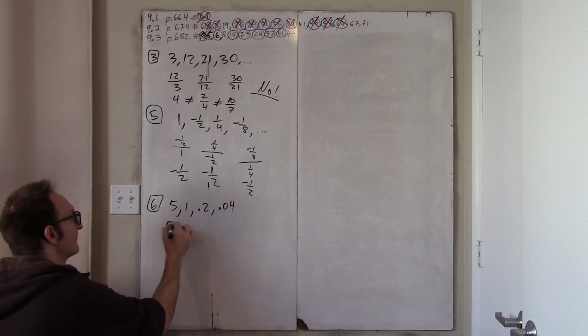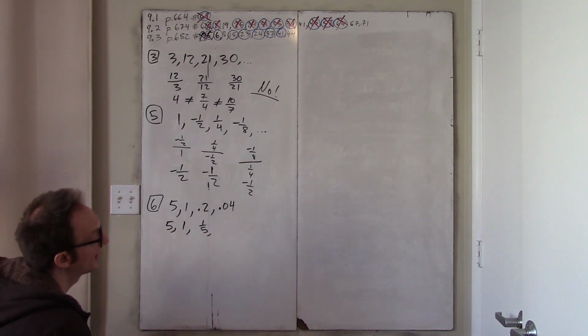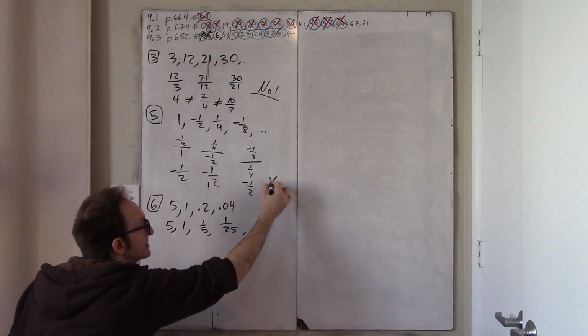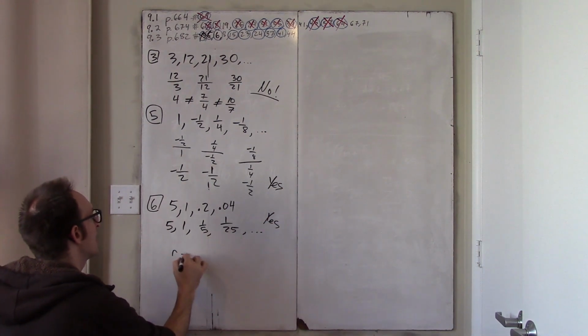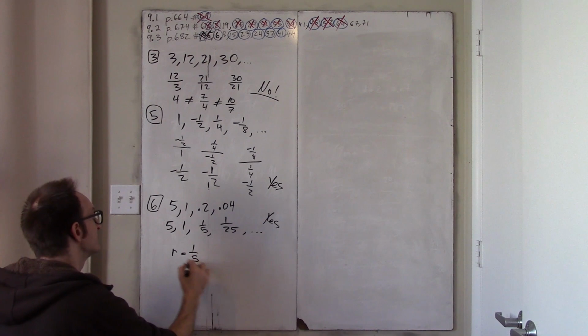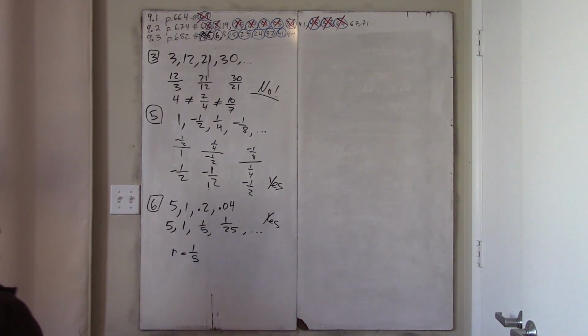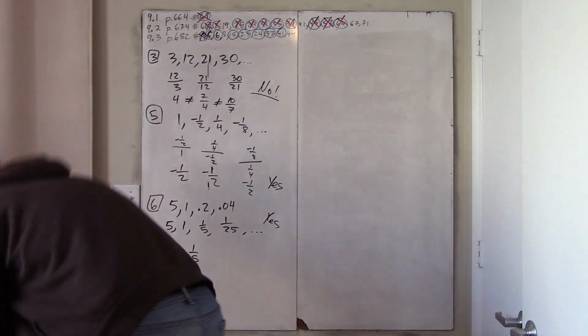So what do we have here? We have 5, 1, that's a fifth. 4 over 100 is just 1 over 25, and now we see the answer here is yes, because r is just 1/5, so we just multiply by 1/5 each time. I think that was pretty straightforward.